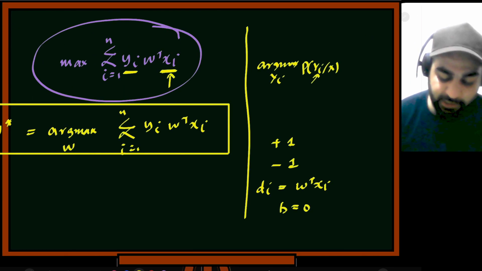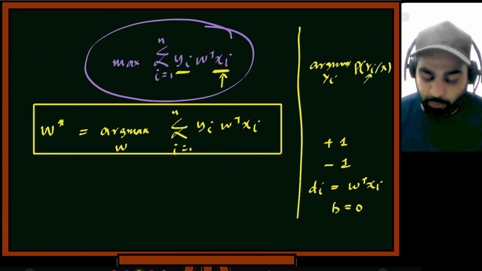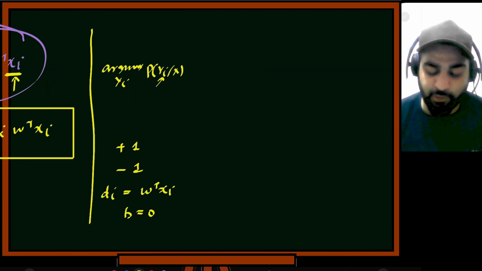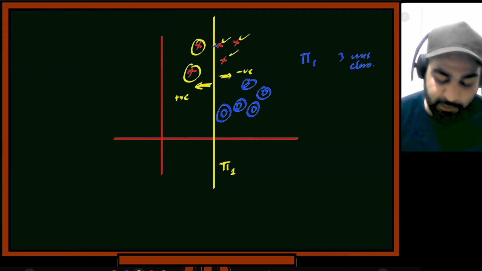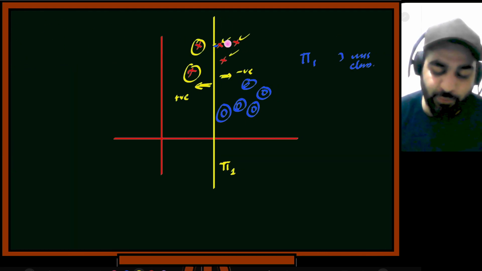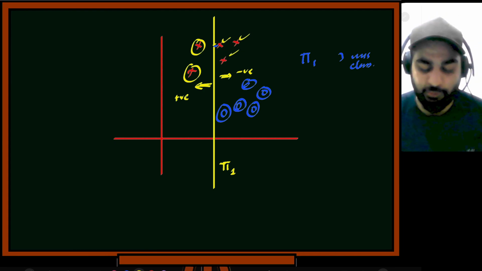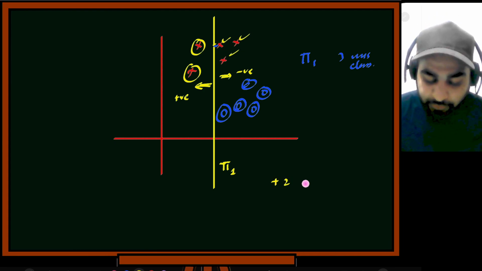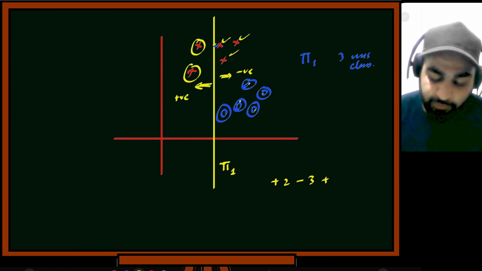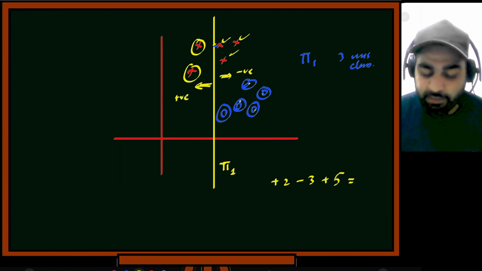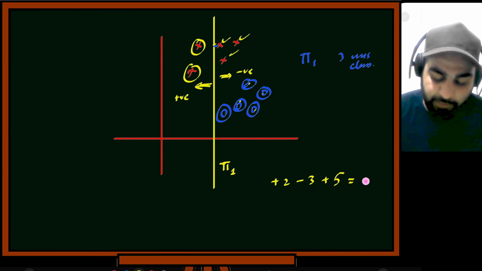That is, if you see this equation, if you put this in, because we want to maximize the value, what is the value over here? For these it is +1, +1, +1, +1, +1, +1, +1. Let's suppose for these 3 it will be -1. So we'll have +2 and -3 and +5, which is +4.